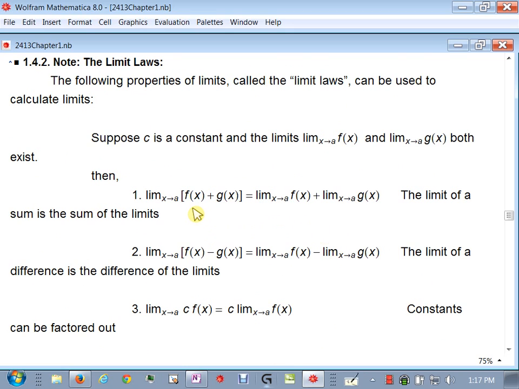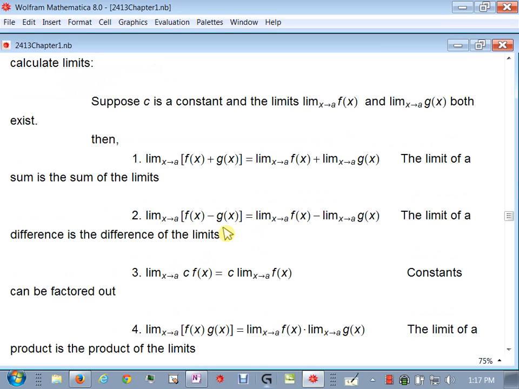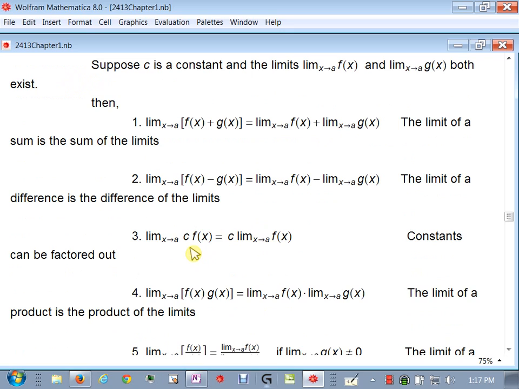If you're trying to figure out what's happening to a function as x approaches a, and you have two functions that are being added together, you're allowed to split it into two separate problems and look at each one individually. The next one says you can do the same with subtraction. The next law says if you have a constant there, you can go past the constant and look at what's happening inside.